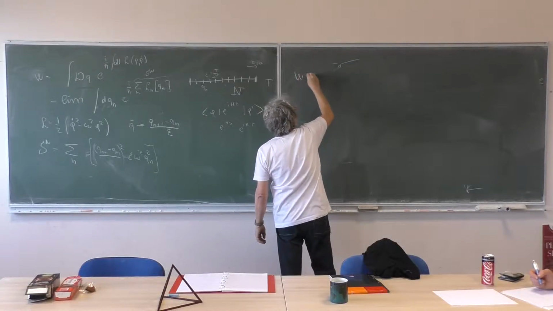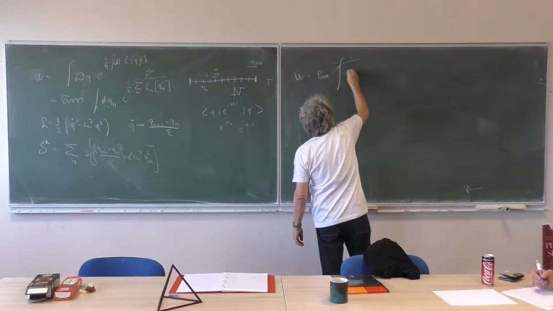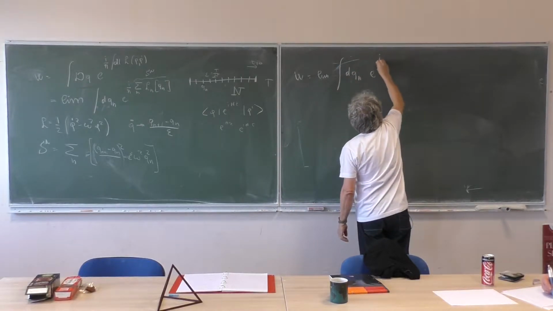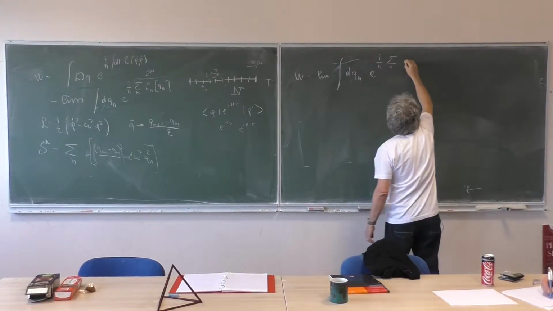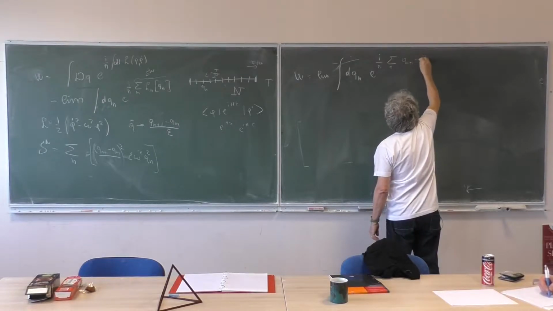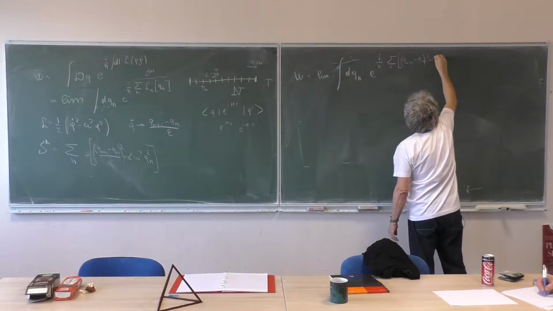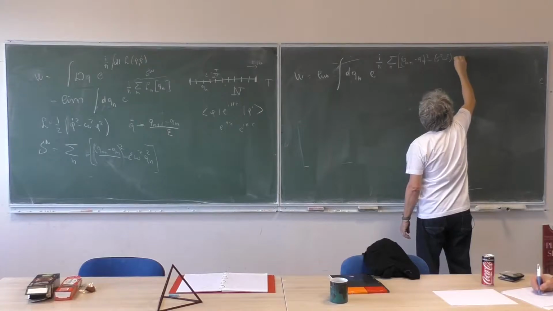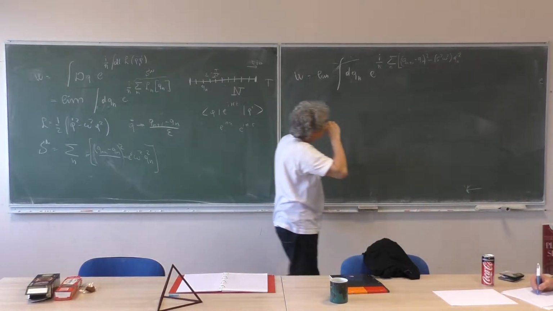So what I get is the amplitude as the limit of the integration in dqn. I can call it qn or q tilde, it doesn't matter, it is an integration variable, of the sum over n of (qn plus 1 minus qn) squared minus epsilon squared omega squared qn squared.